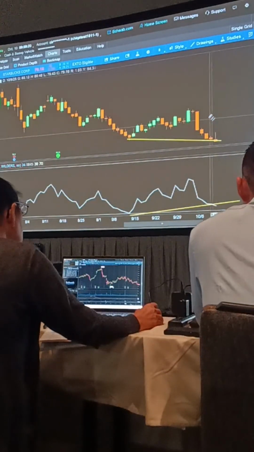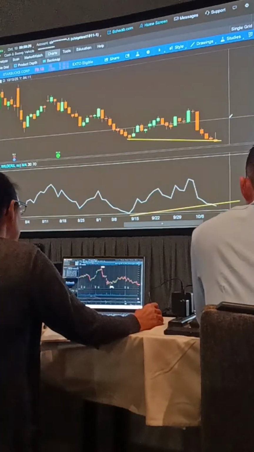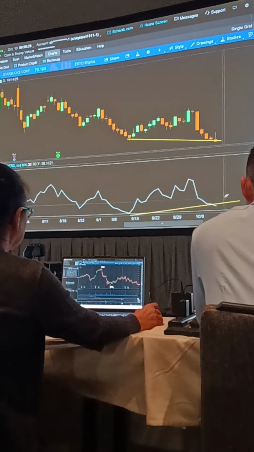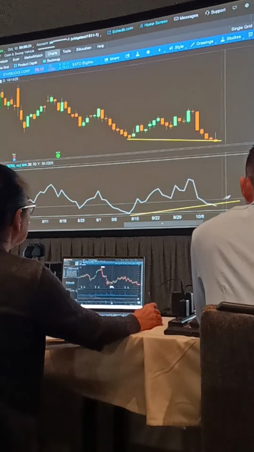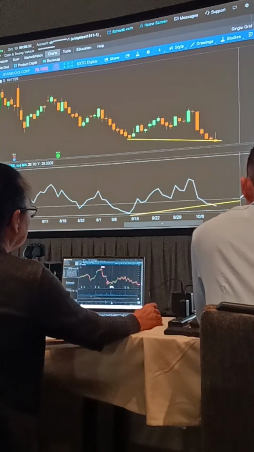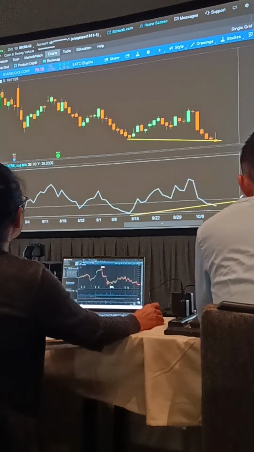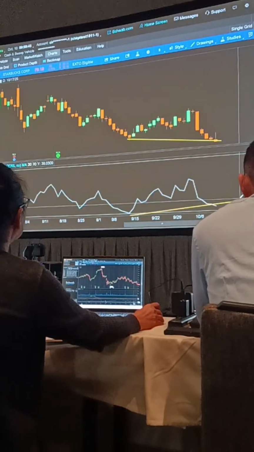It's making lower highs and lower lows, isn't it? What's the RSI starting to do over here? It's still making higher lows. So what that is suggesting is something's going on. Something is changing with momentum. Buyers are starting to step in.